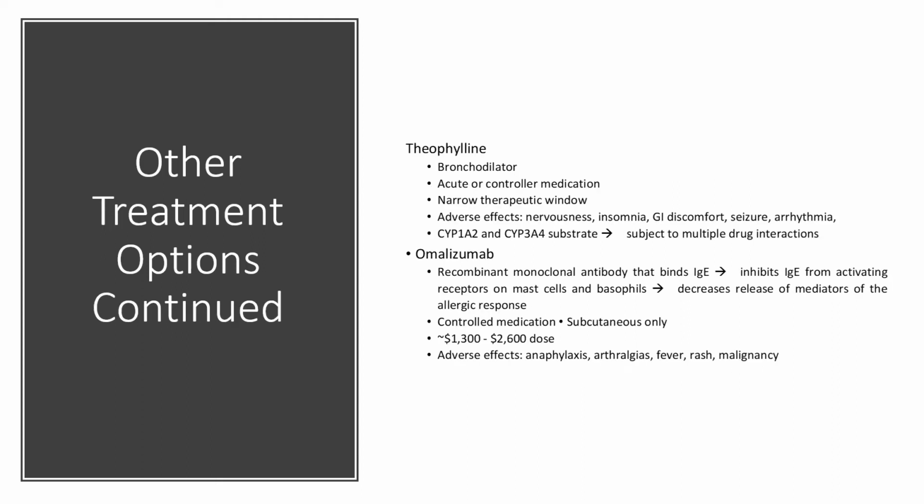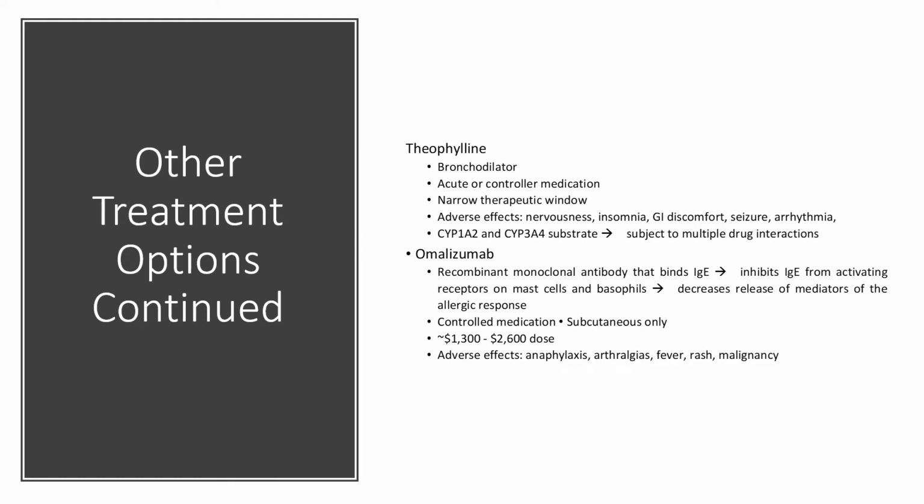Theophylline, again, I said we don't use this, and I haven't seen it in practice. Perhaps you have. But it has a lot of nervous side effects: insomnia, GI discomfort, seizures, arrhythmias, headaches. And it also has that CYP1A2 and CYP3A4 substrate, so it interacts with a whole ton of different drugs.